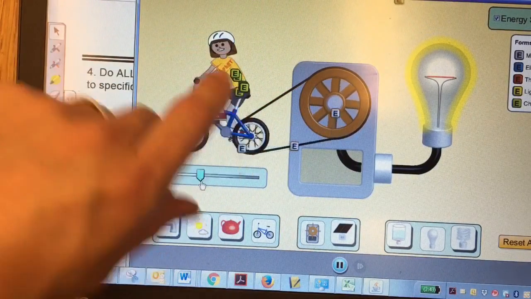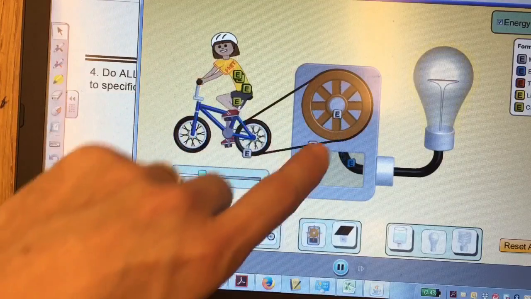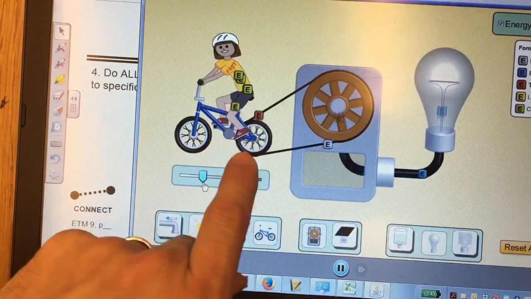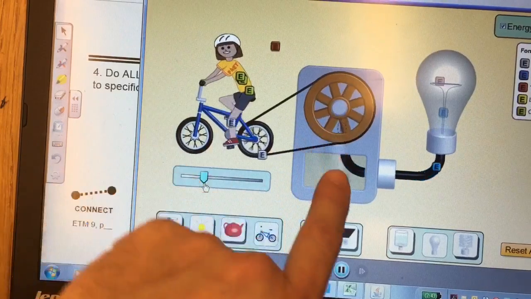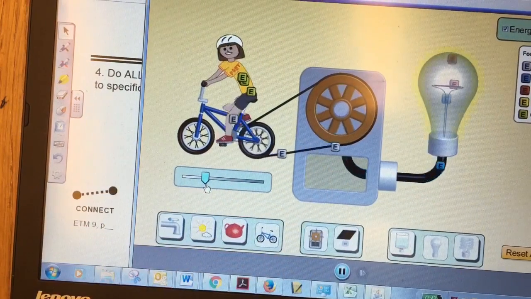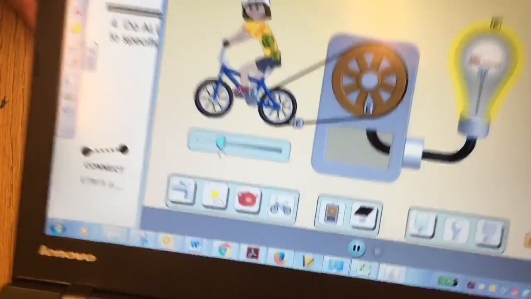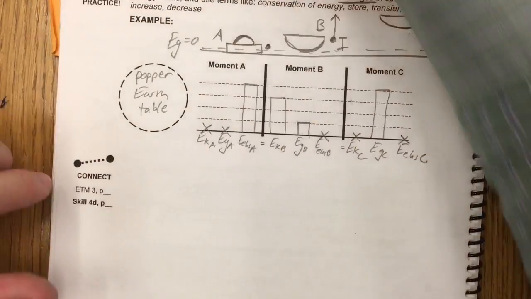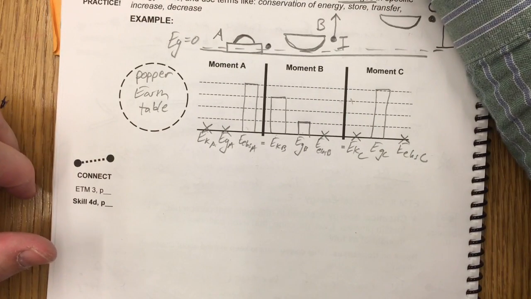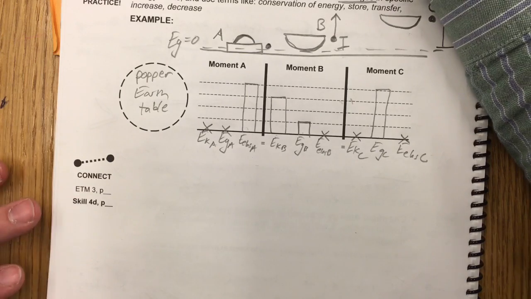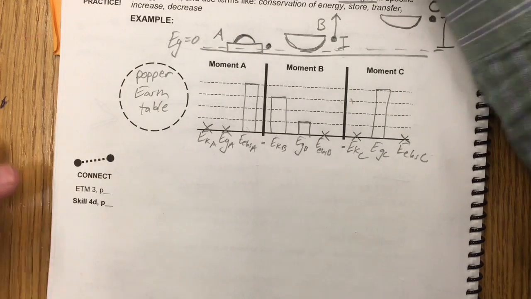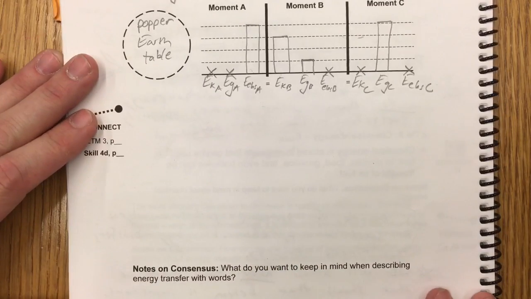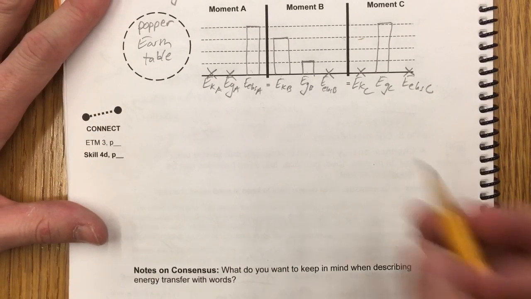As she rides the bike, this wheel spins and the generator, this is called a generator, transfers kinetic energy to electrical energy, and so on and so forth. That's exactly what we want to do when we're describing this process here. So follow along with me as I write the following. I'll try to do this not too quickly so that you can follow along with me.